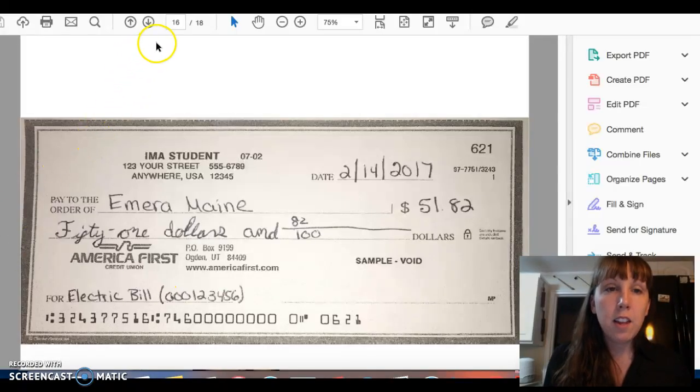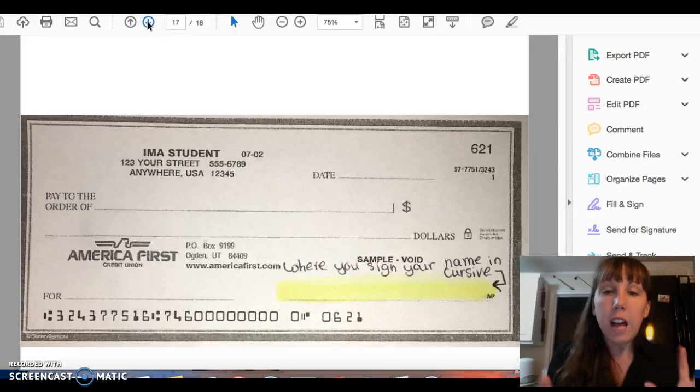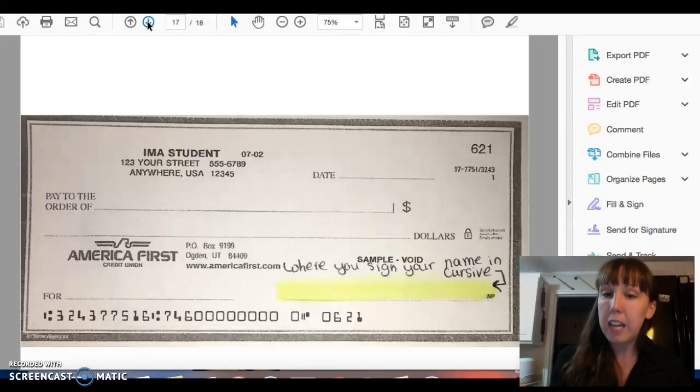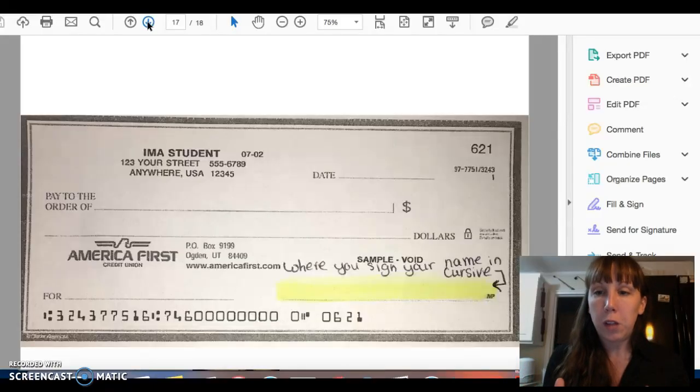Okay? The next thing we're going to look at is the last part, and this is where you sign your name. And this is also another part where cursive comes in real handy. So this is the signature line, and this is where you're going to sign your name. Now, if you write a check and do not sign your name, anyone cannot cash this check because it is not authorized by you.